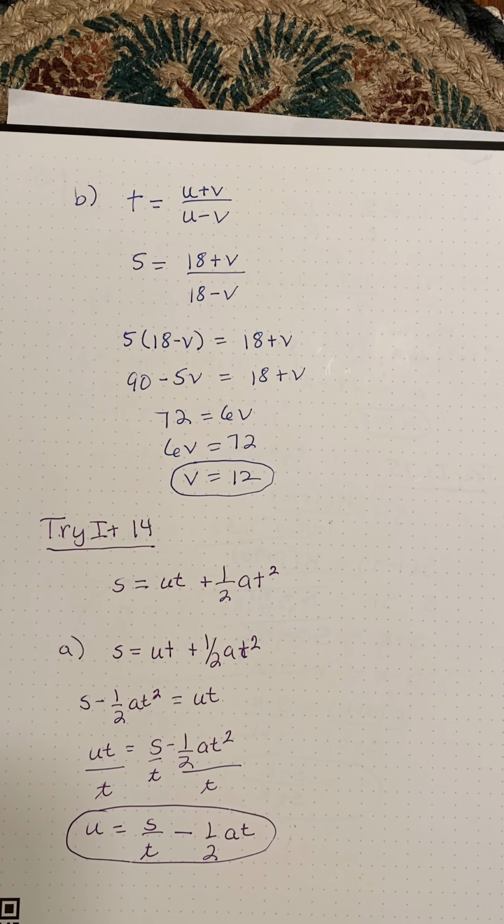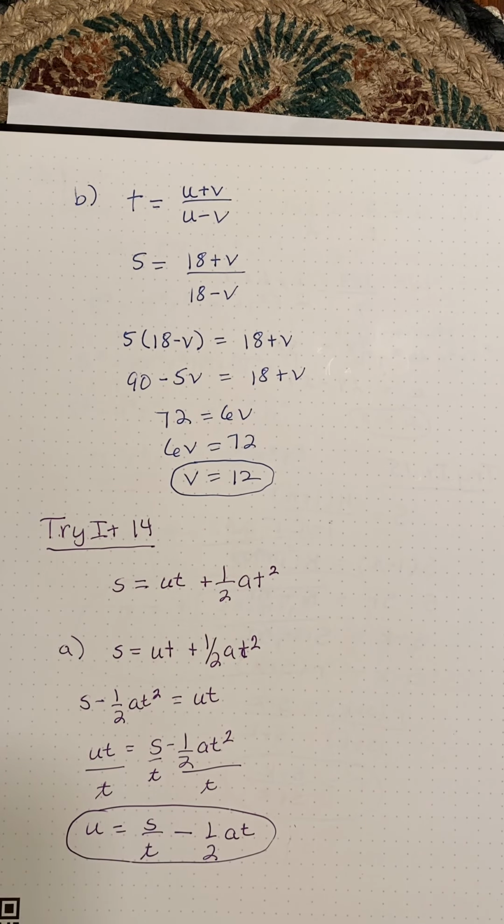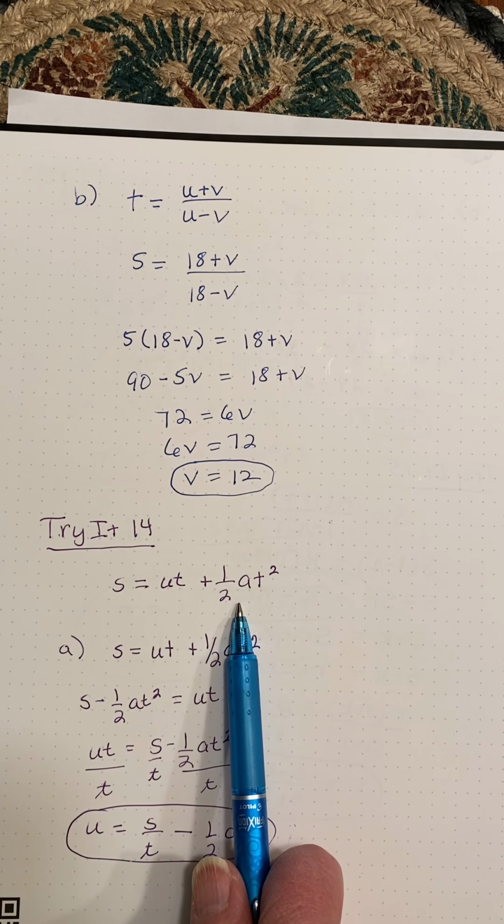Part B. Now this is a situation where sometimes they want you to realign the entire formula and express it in a different way. So in try it 14, they give us this formula, but in part A, they want us to express u as the subject of the formula.